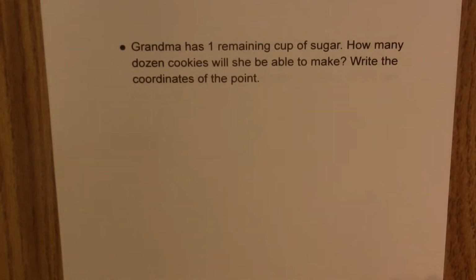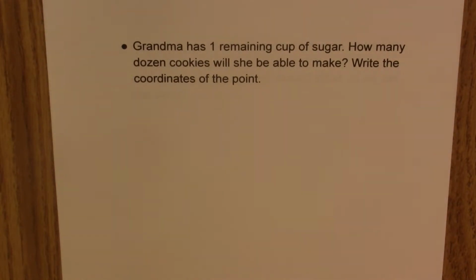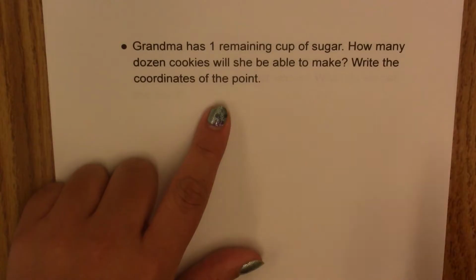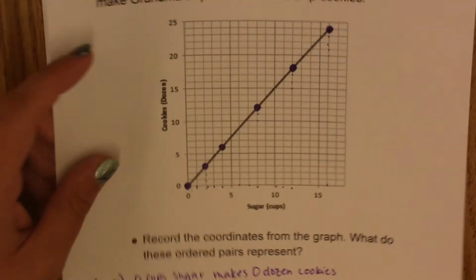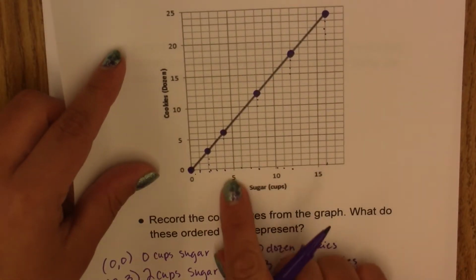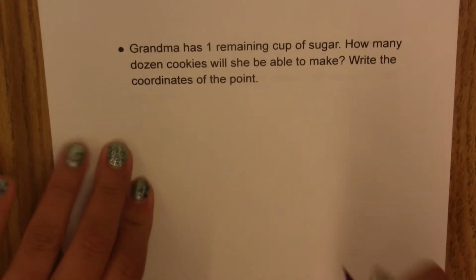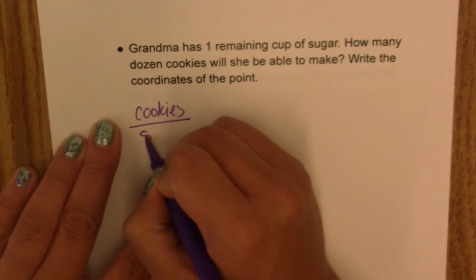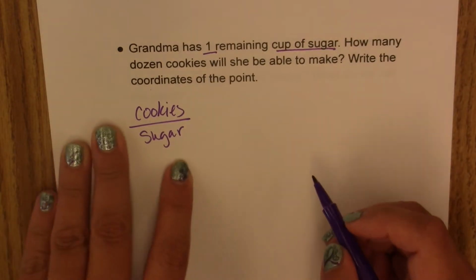All right, Grandma has 1 remaining cup of sugar. How many dozen cookies will she be able to make? Write the coordinates of this point. All right, so when she has 1 cup of sugar left, we're going to be finding that unit rate. So we want this to be our 1. So we're comparing cookies to sugar because we want 1 cup of sugar.